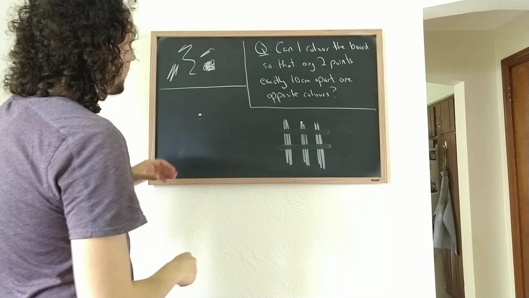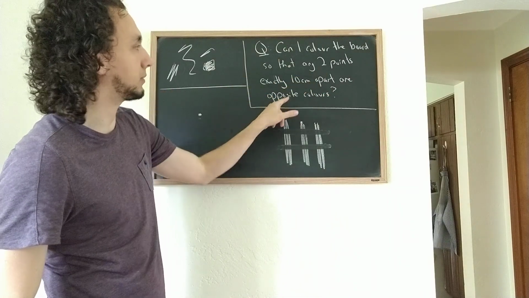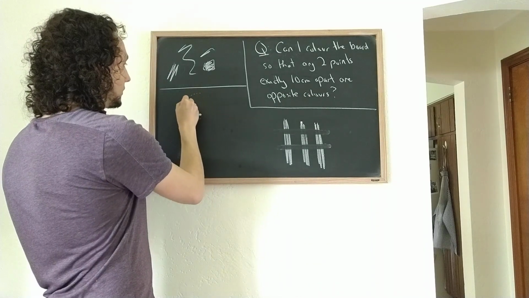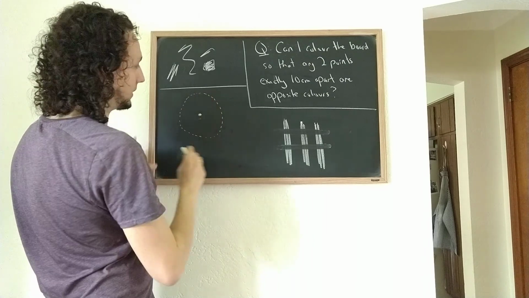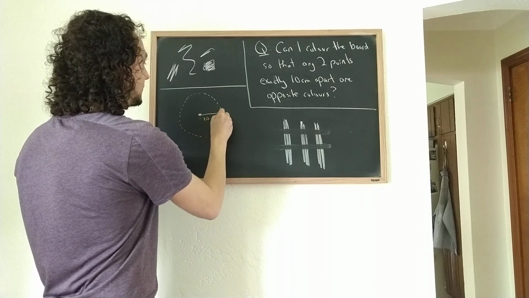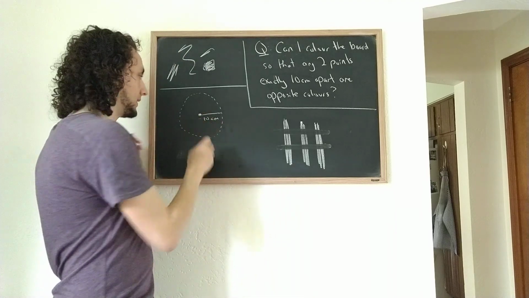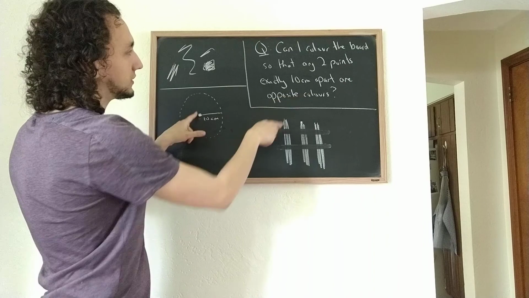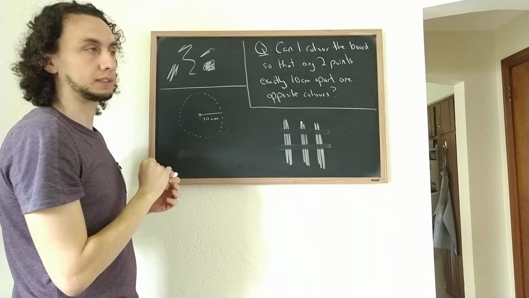Okay? Now, if I'm trying to arrange it so that any 2 points that are 10 centimeters apart are opposite colors, that means that in the circle that I draw around this point, that's my best attempt to draw a circle, sorry, which is of radius 10 centimeters, every point on this circle has to be black, because the center point is white, and I'm trying to arrange it so that any 2 points that are exactly 10 centimeters apart are opposite colors.